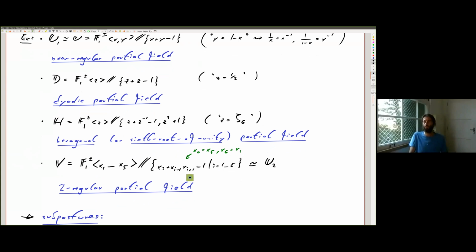But the indices have to be read modulo 5, so x0 is x5 and x6 is x1 in this expression. And this is indeed isomorphic to the two-regular partial field if we embed this into the category of pastures. And this is really a non-obvious cryptomorphism or isomorphism.